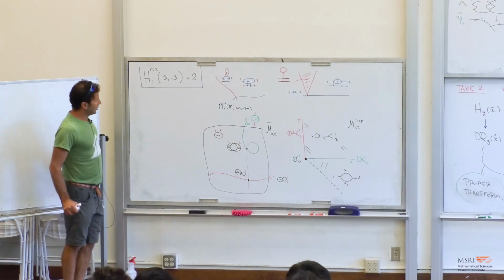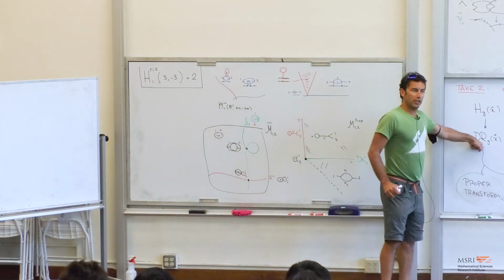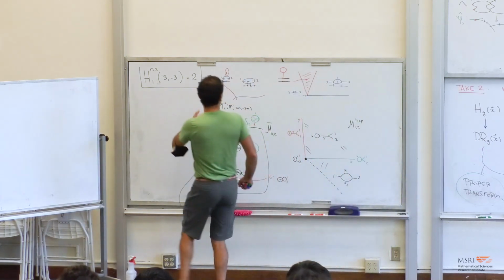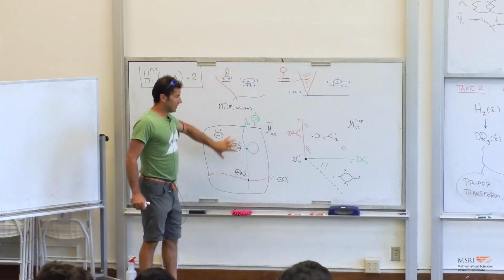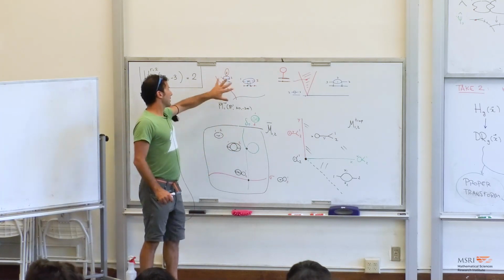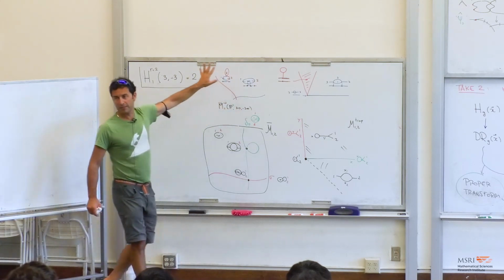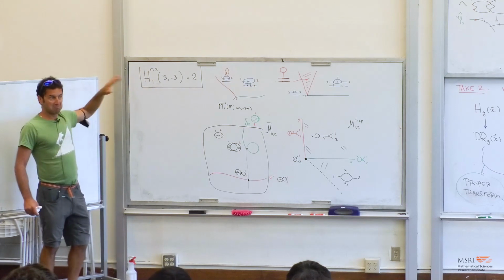Now the next thing I need to do is, well, I'm going to set up my DRG thingy, which means I need to look at the image of the virtual fundamental class of this moduli space in here. It actually turns out this is a really special case because I have no excess dimension components, so the virtual fundamental class is the fundamental class of this thing. Great.